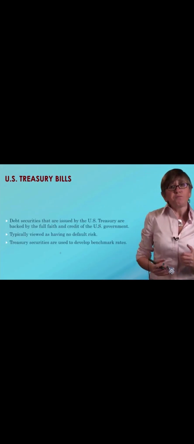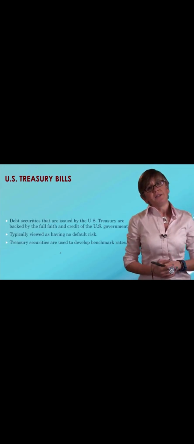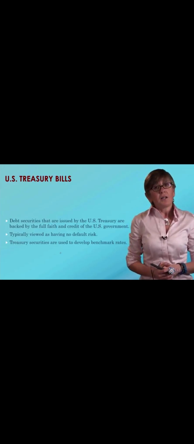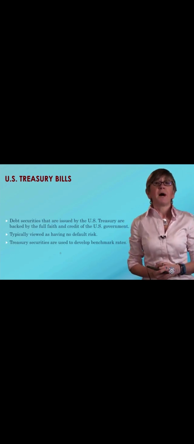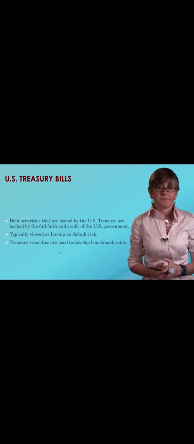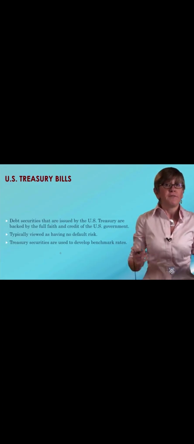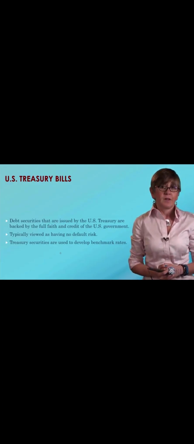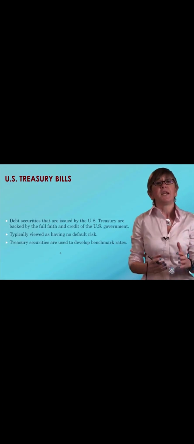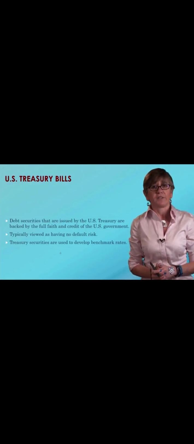Now, the most marketable of all money market instruments are treasury bills. The US Treasury borrows from the public by issuing Treasury securities. And T-bills represent the simplest form of fixed income securities. Now, Treasuries in general play a special role in financial markets.